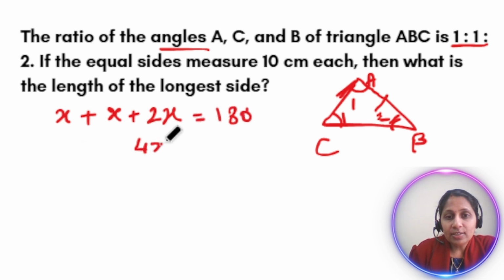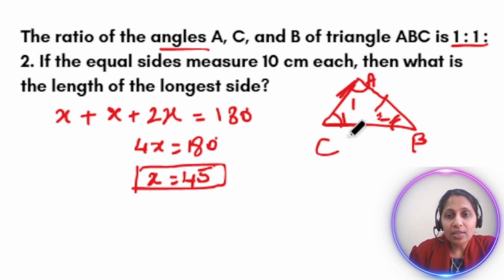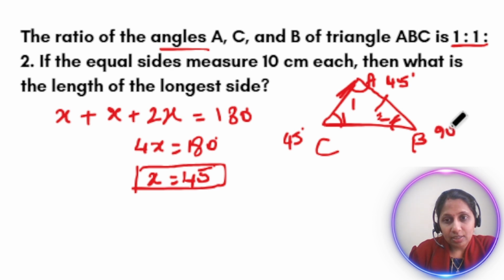So 4x equals 180 degree. So x will be equal to 45. Right? So this is our x. So the angles would be 45 degree, 45 degree, and this side is the 90 degree, which means now let's reconstruct it again.